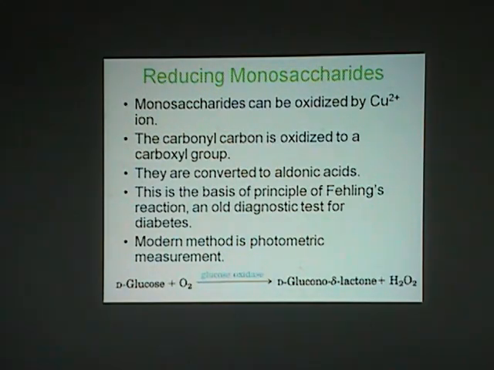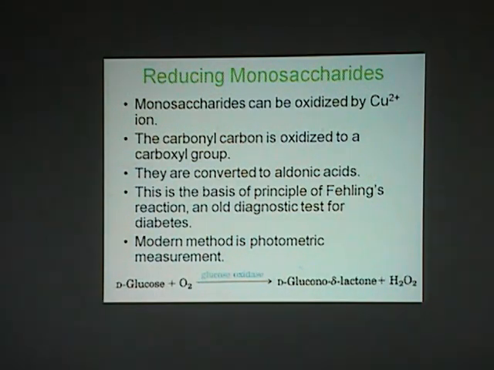This is the basis of the principle of Fehling's reaction, an old diagnostic test for diabetes. Fehling's solution is kept in the urine, and then there is a change in the color. Why? Because cupric ion is converted into cuprous ion.